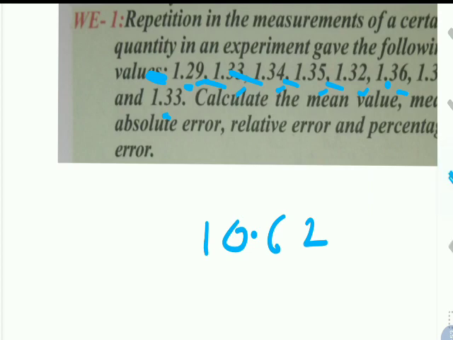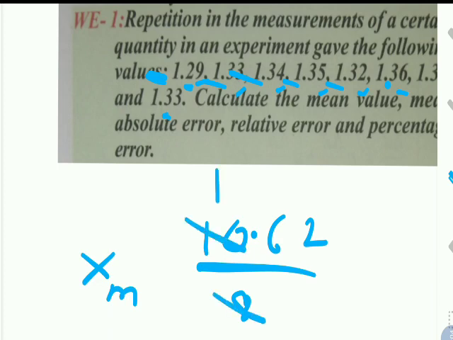So we want the mean value xm. Xm is the total divided by 8 values. 8 ones are 8. 0.83 is 24, 2 is remaining. 8 twos are 16, again 6 is there.